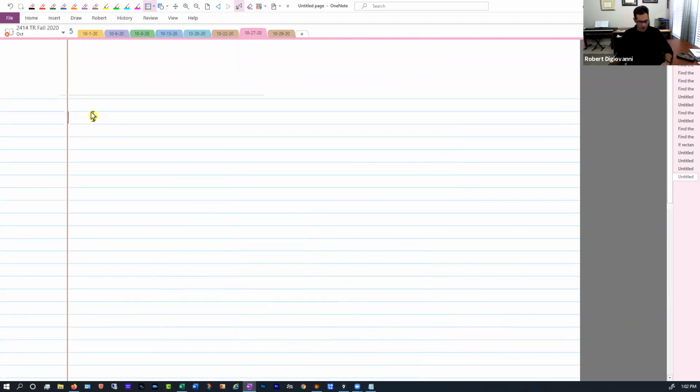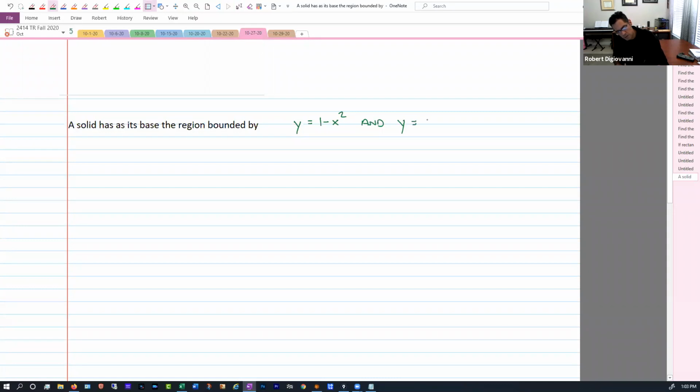Let's say we have a solid that has as its base the region bounded by y equals 1 minus x squared, and keep it simple, y equals x squared.